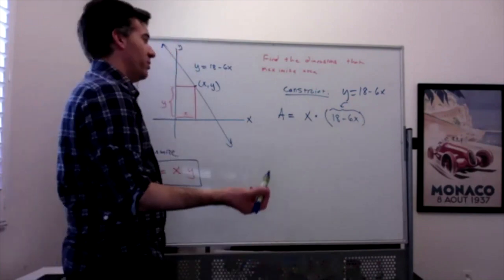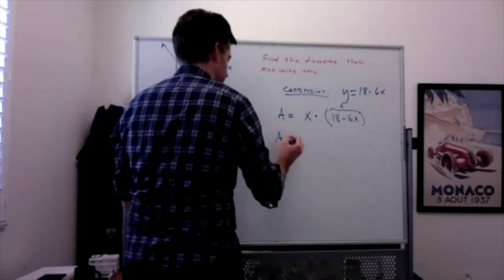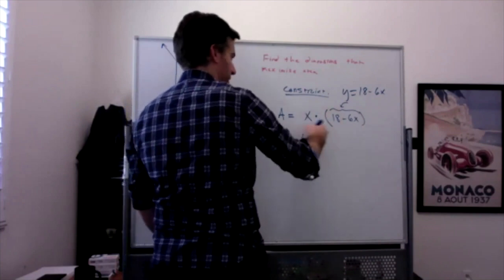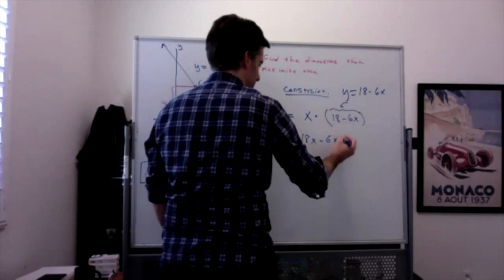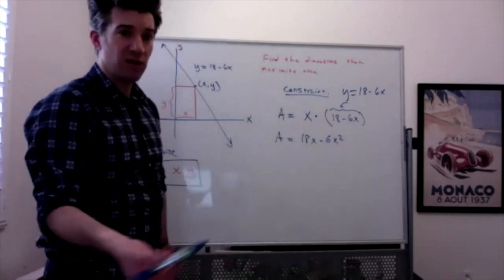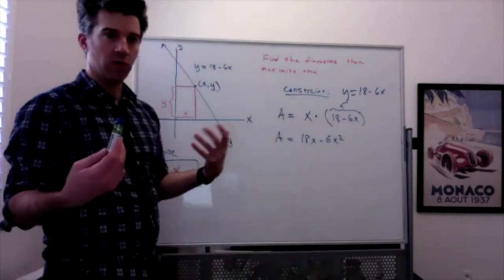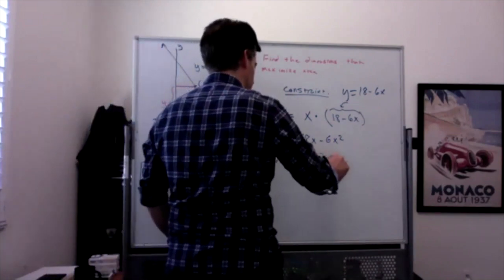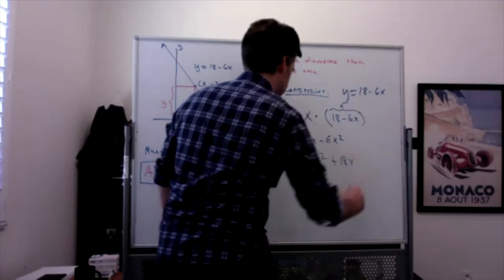And now we're going to multiply it out. So I get x times 18, 18x, x times negative 6x is negative 6x squared. And if it's important to you, you definitely can rewrite it so it's in the more usual order, where it's negative 6x squared plus 18x.